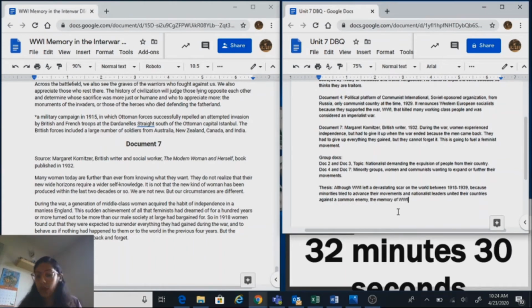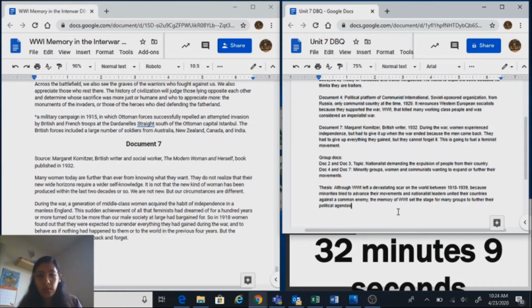The memory of World War I set the stage for many groups to further their political agendas. So that's the thesis that I came up with. So you can see it's following that although, counter-argument, because, evidence, and then therefore your argument.